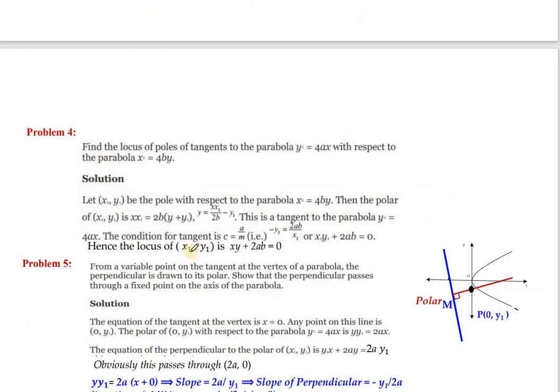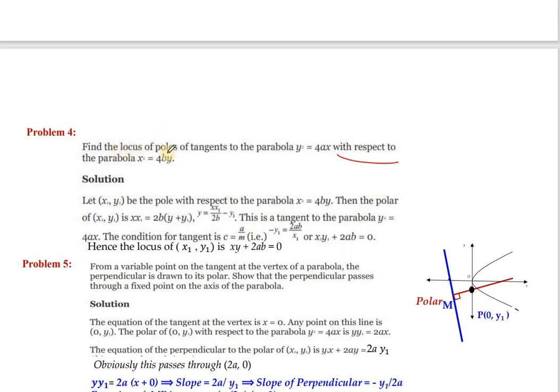This type of problem we have already come across. Find the locus of poles of tangents to the parabola y squared = 4ax with respect to the parabola x squared = 4by. Because it is given with respect to this parabola, you are supposed to write the polar.